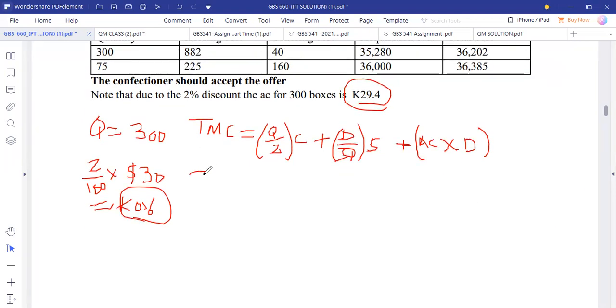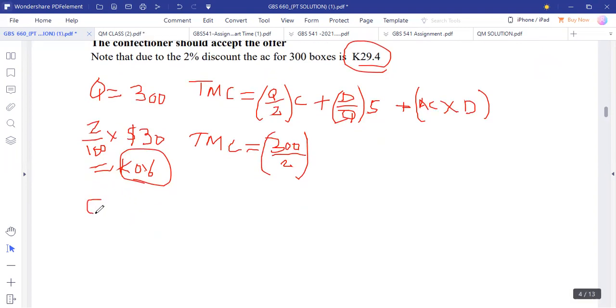So our total material cost in this case is actually going to be our Q. We are going to put Q as 300 at this time. Then we are going to put here 300, then divide by 2. Then our carrying cost will still remain, as carrying cost is a percentage of unit price.